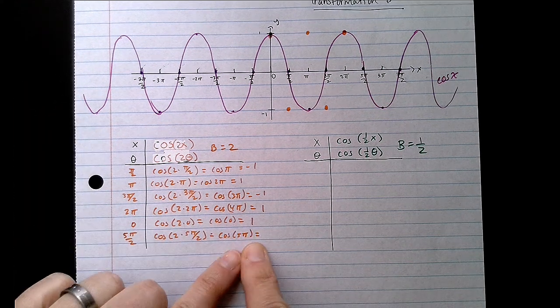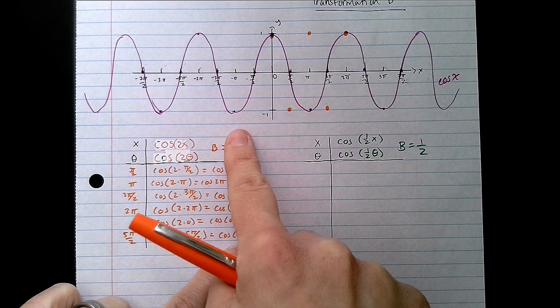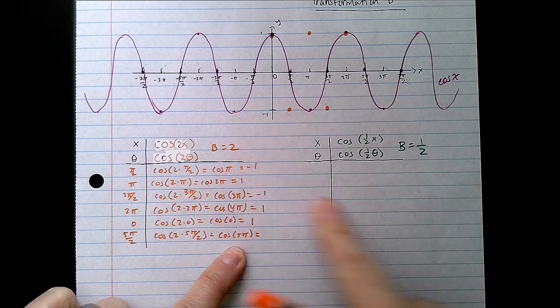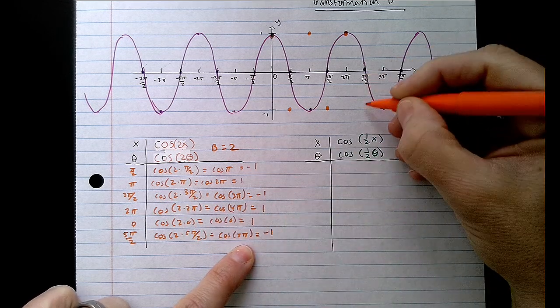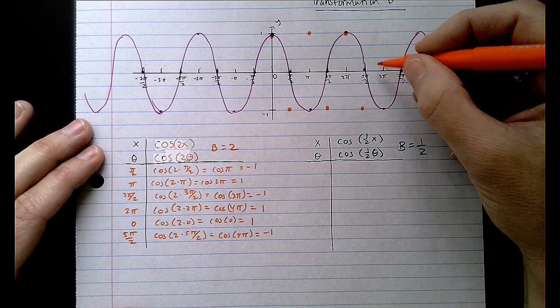Okay, 5 pi. So you're going to go around the circle 5 pi. So remember, 1 pi is half a circle. So you're going to go 1 pi, 2 pi, 3 pi, 4 pi, 5 pi. So that's -1. Okay. So then 3 pi, so let's look for a pattern here.